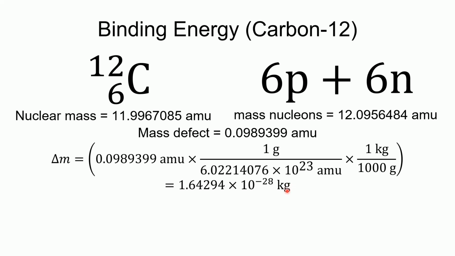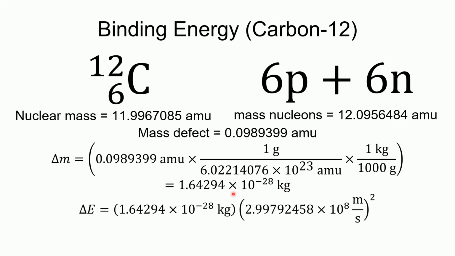So now what we want to do is take that number and use Einstein's equation. So delta E is equal to that mass defect, 1.64294 times 10 to the negative 28 kilograms, multiplied by the speed of light squared, and then we get this: 1.47660 times 10 to the negative 11 joules, that is the binding energy.